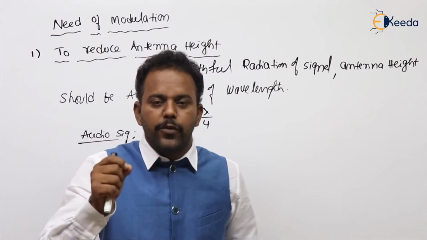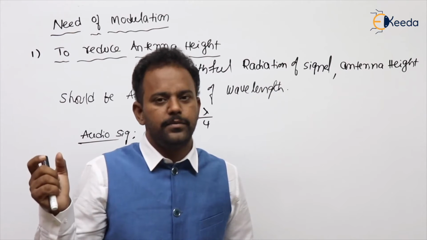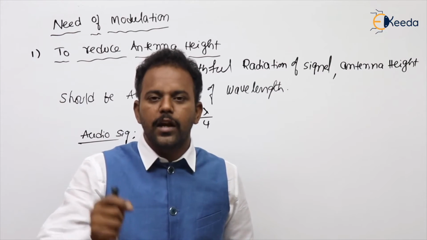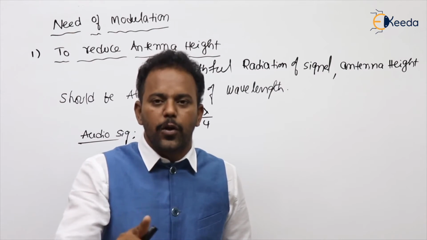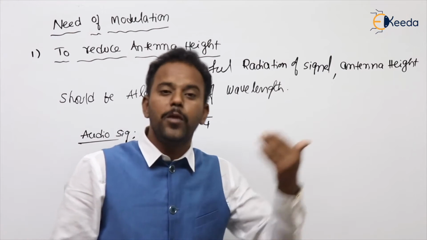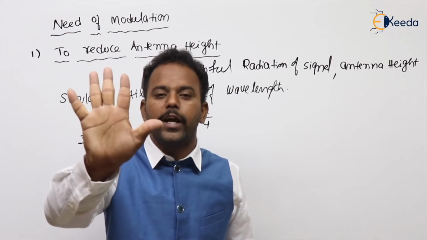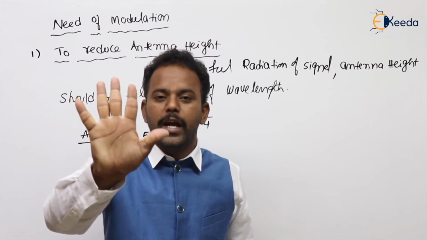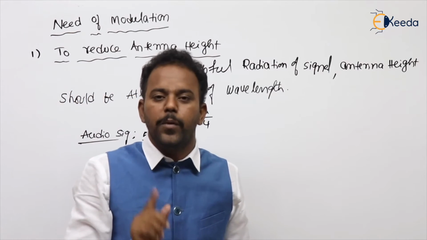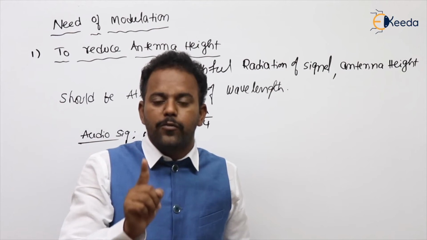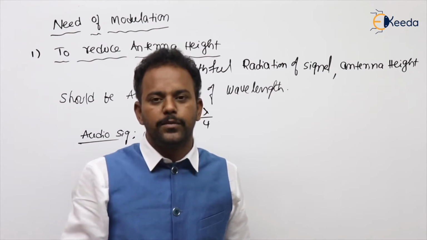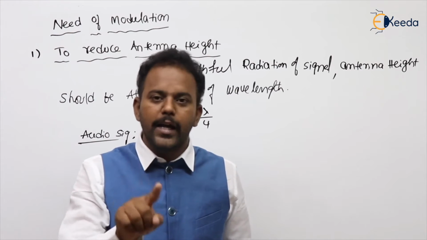The maximum frequency considered in the audio signal of FM is 15 kilo. For example, if you go for AM radio, the maximum frequency considered is only 5K. So in AM 5 kilo, FM 15 kilo is the maximum frequency considered in the message. So now you can compare AM and FM.